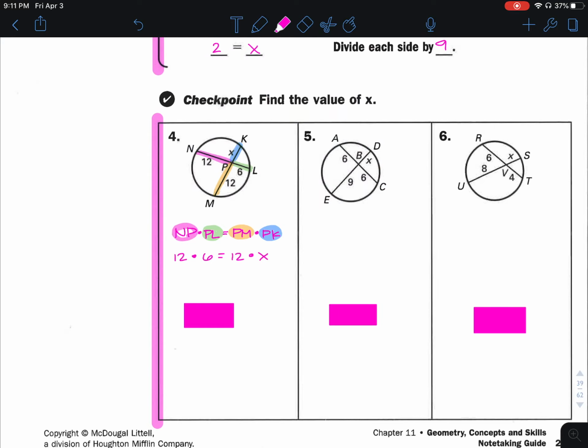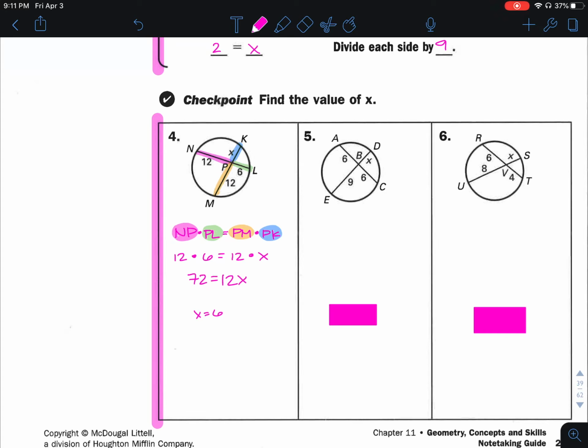And lastly, this is my pink. Okay, so let's start with the left side first. Again, just because you can start with the left or the right, it doesn't really matter. In this case, 12 times 6 gives me 72, equals 12 times x, which is 12x. In order to get x by itself, I'm going to divide by 12. I get x to be 6.